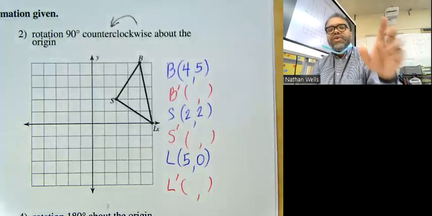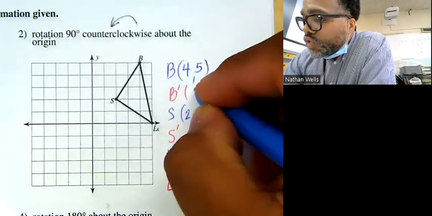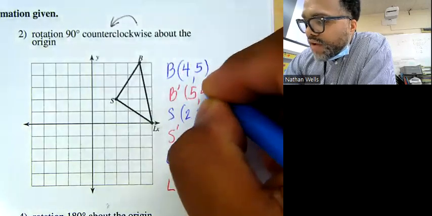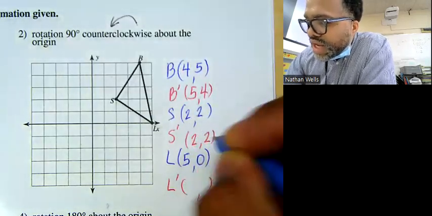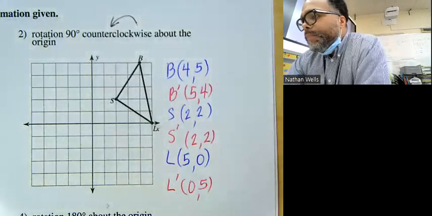Remember, when it's 180, you keep the same order of the numbers. When it's 90 degrees, you switch the order. Since we went 4, 5 first, we're going to go 5, 4. 2 and 2 would stay the same. 5, 0 becomes 0, 5.